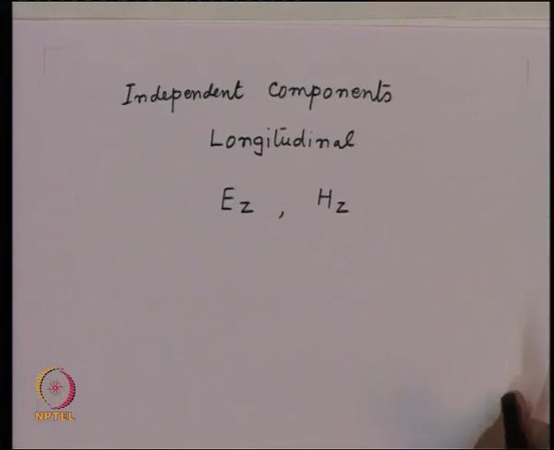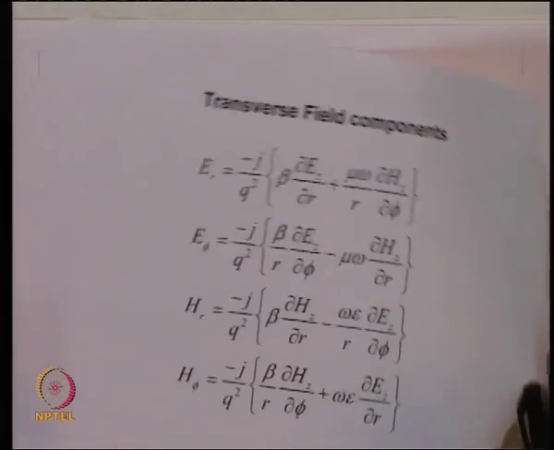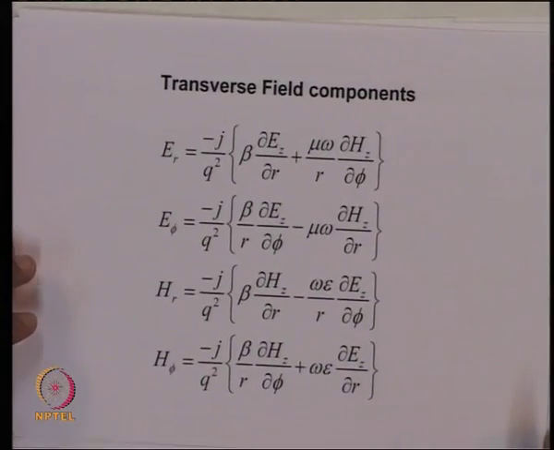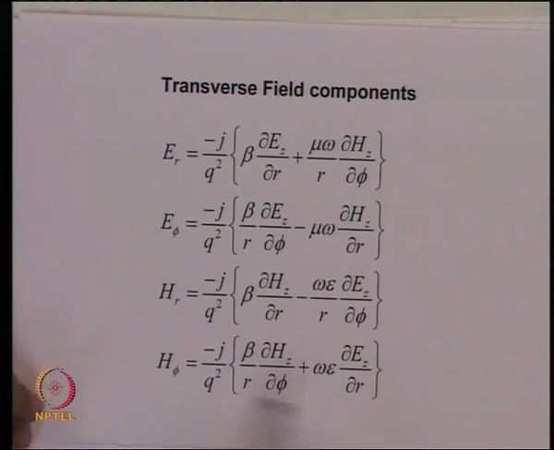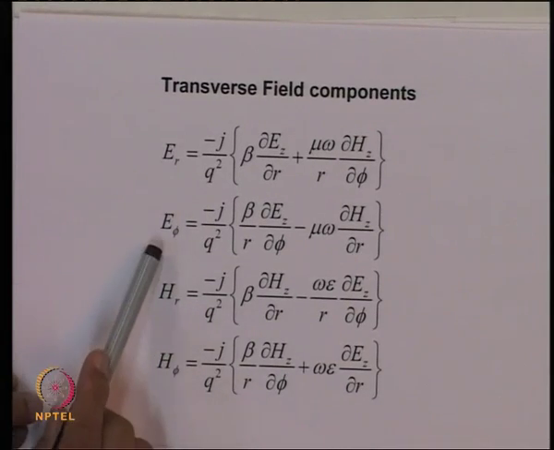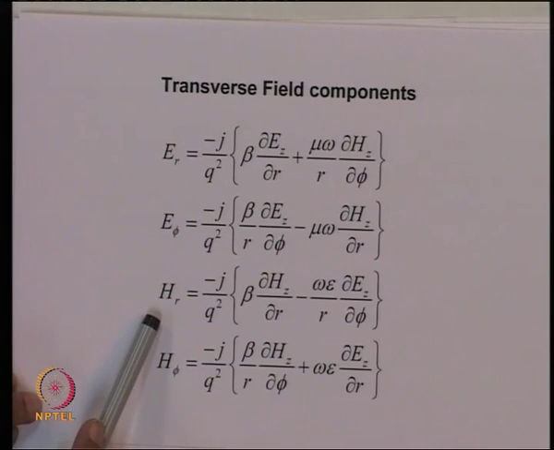these components, then we can go to the Maxwell's equations and get the transverse components, which can be written like this. Since we are talking about the cylindrical coordinate system, the transverse components will be Er, E phi, Hr and H phi.